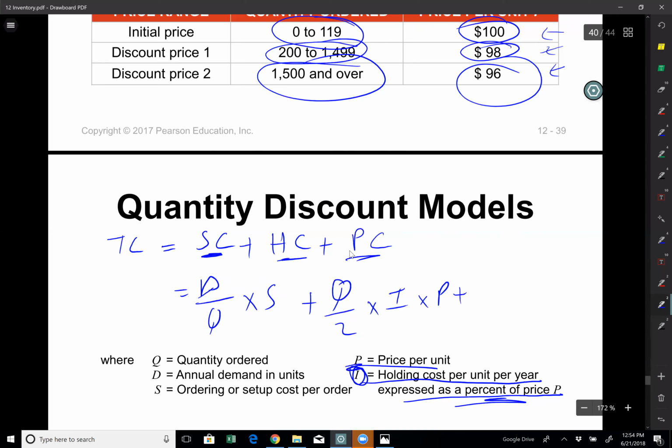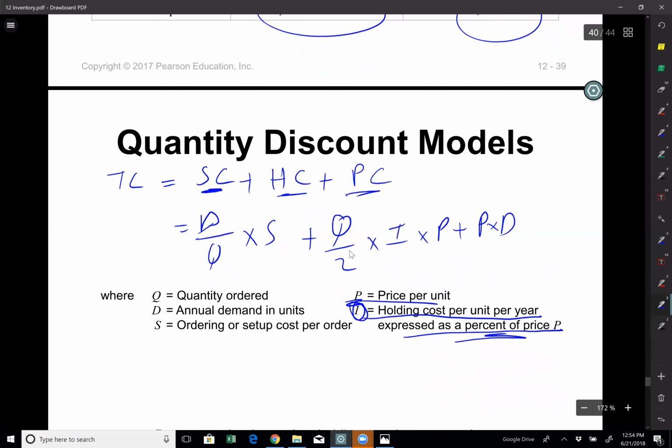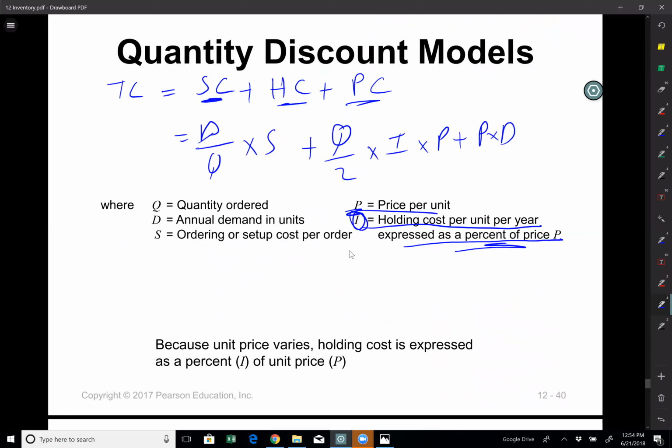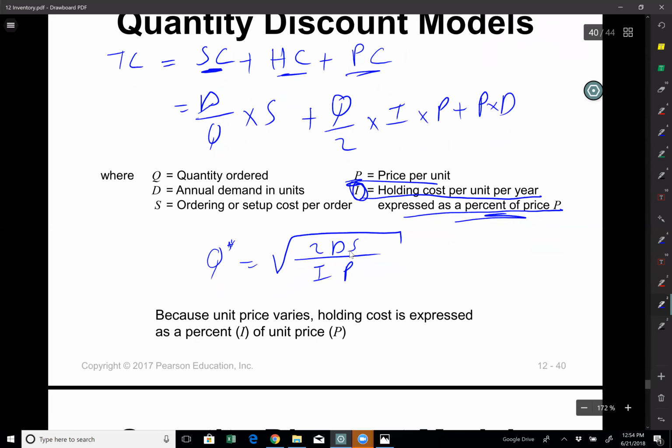And plus production cost, which is product cost, sorry, product cost per product times annual demand. That would give me the calculation. Okay. And my Q star is going to be very similar to the EOQ model. 2DS is my numerator, but the denominator this time, instead of H, will be I times P, because I write H as I times P.